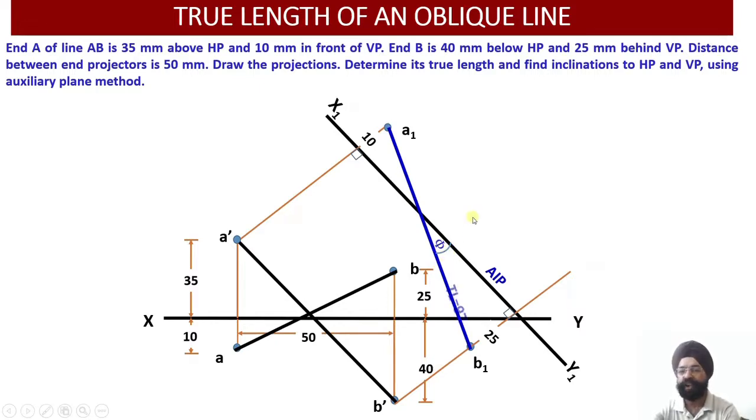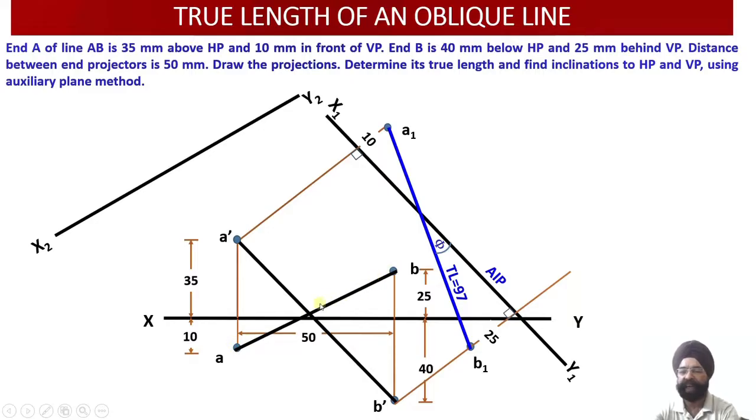So since this is the auxiliary plan, you can see that this is a true length. So plan makes an angle of phi with respect to the reference plane over here. Now next, I want to evaluate the true length of the line in the elevation as well.